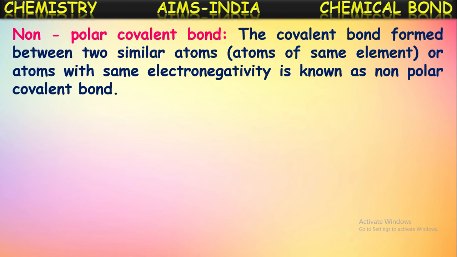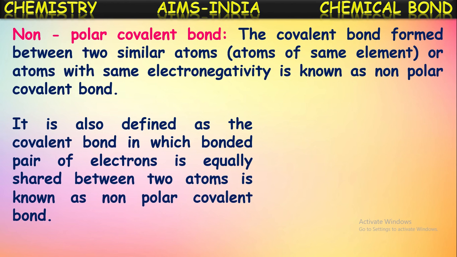The covalent bond formed between two similar atoms or the atoms with the same electronegativity is known as non-polar covalent bond. So if two similar atoms, having the same electronegativity, share a pair of electrons, then the bond formed between those two atoms is called non-polar covalent bond.